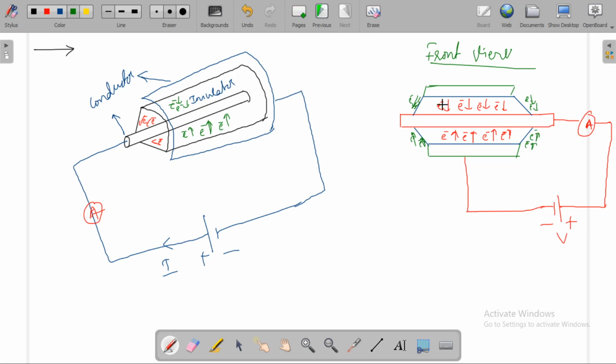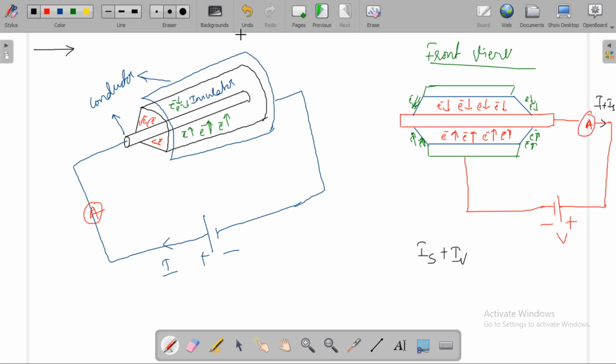Now see, without using guard wire, this is the circuit. The ammeter measures IS plus IV, volume current and surface current.